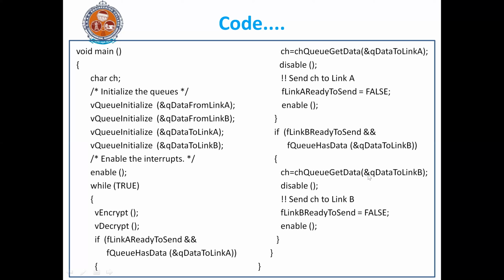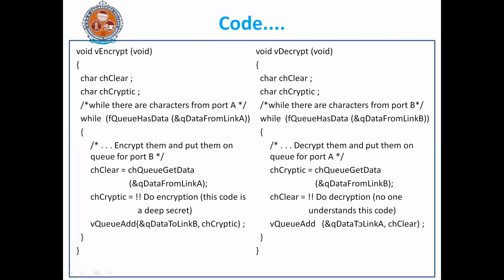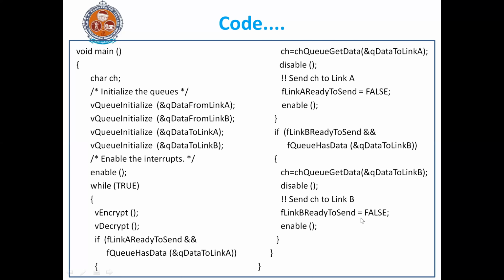Again it is reading the character from the queue, that is CHQ get data, into the CH variable, and here again it is disabling the interrupts and then sending to link B. Similarly to how you have written for link A, the same way, but here you are doing everything for link B. Again the flag is set to false, and finally you are enabling the interrupts again. So this is what is written in the main function.